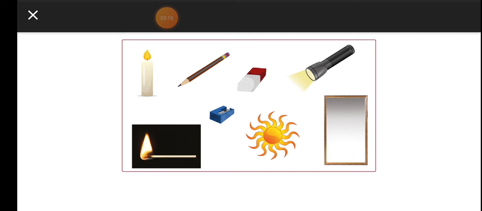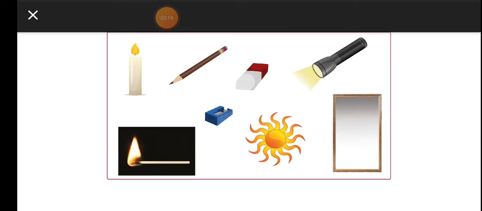So here the pencil. Is the pencil able to give the light? No. A candle, yes, it can give the light. So all the objects which give us light, you write in one column, and the objects which do not give us light, you keep in another column.